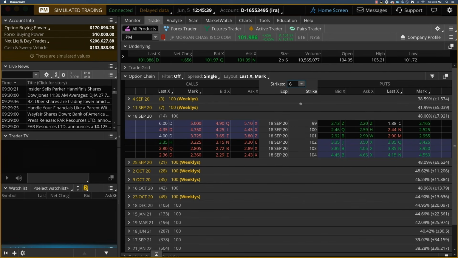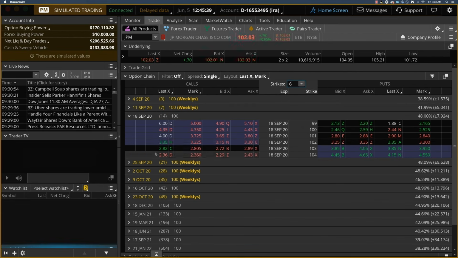So now when we look at the left-hand side, again, we're talking about a covered call, we're talking about selling calls, so we're going to focus our eyes on the left-hand side. And now you're going to see a little difference here between why some options are shaded and why some options are not shaded.